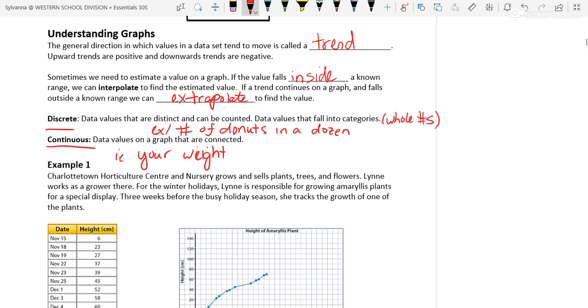It could be 125.4. And then it could be 125.6. So your weight would be an example of continuous data. It could be in the form of a decimal, certain fractions, and so on.